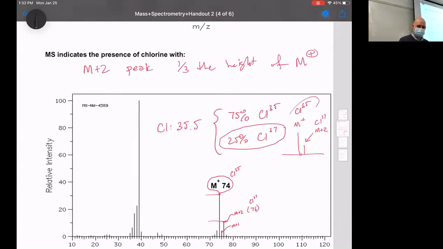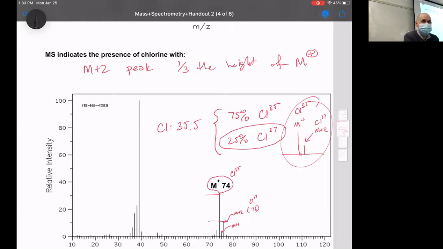And so it looks like this. And that's because a third of your chlorine weighs 2 more than 35. And so you guys take a second and scan backwards, you'll see that you might have a little tiny M+2 peak in those other ones, but it's really, really tiny.